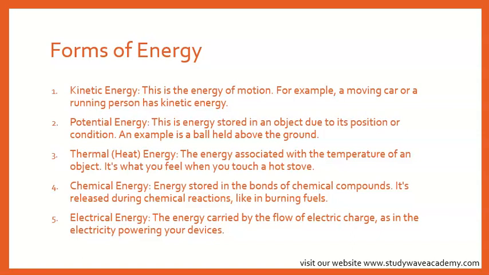So we're going to be looking at forms of energy. 1. Kinetic energy. This is the energy of motion. For example, a moving car or a running person has kinetic energy. Okay? So kinetic energy is energy from things that are moving, like a car or a person running.